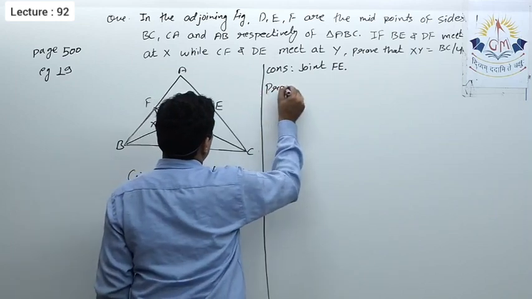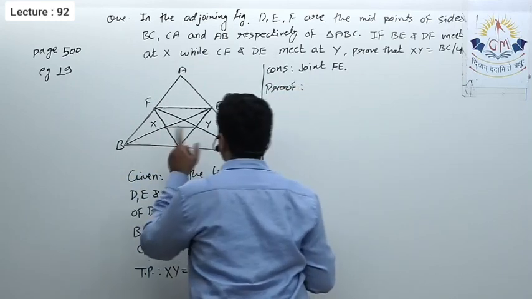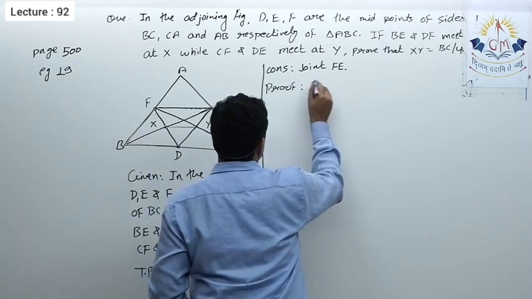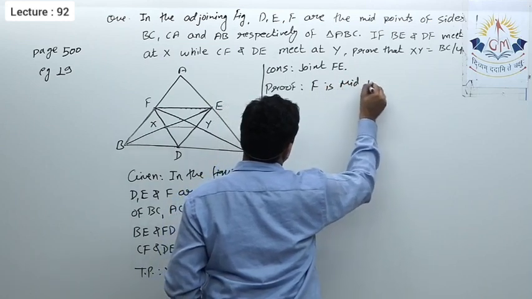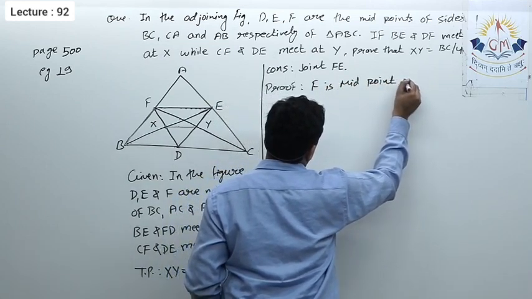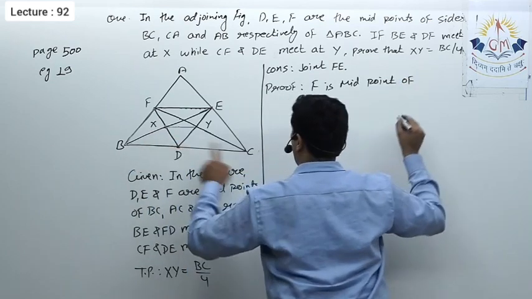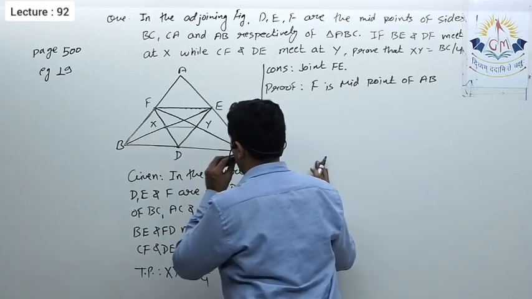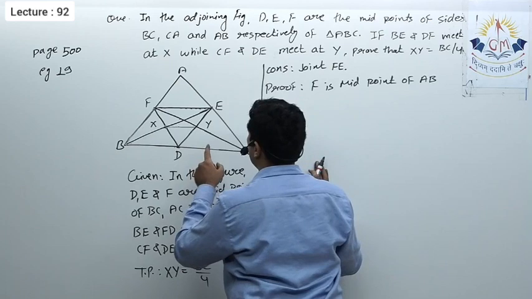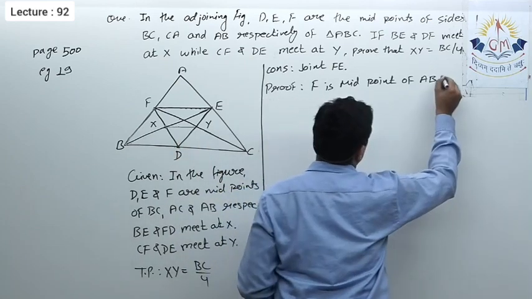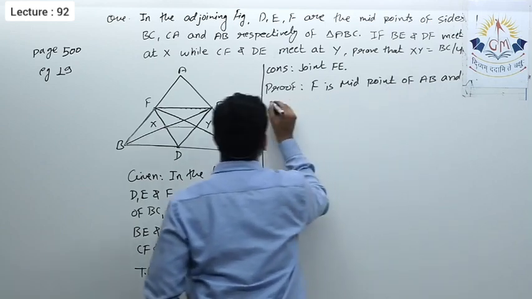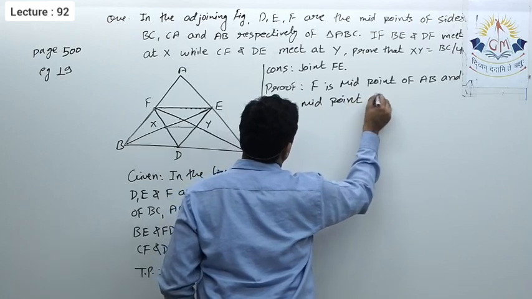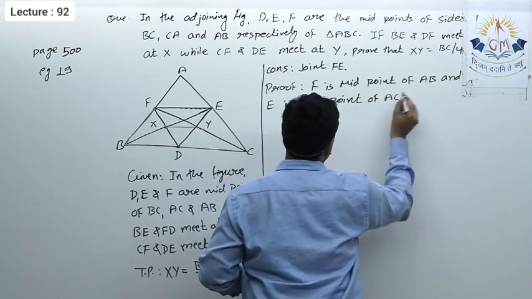Now let us see its proof. F is the midpoint of AB, and E is the midpoint of AC.